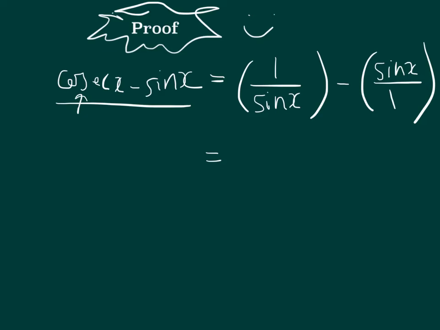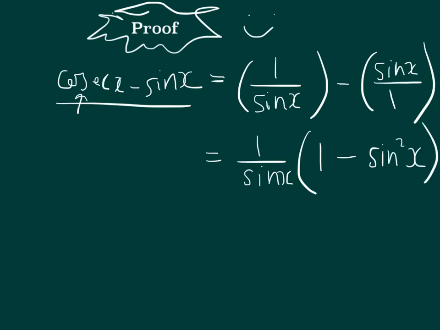Then we can take out a factor of 1 over sine x, and if we take that out, we'll get a 1 there, and since we've taken out 1 over sine x, this will give us sine squared x. Next, we've seen this before in C2: the 1 over sine x is going to stay the same, but this is now cos squared x, which we write over 1 as well.